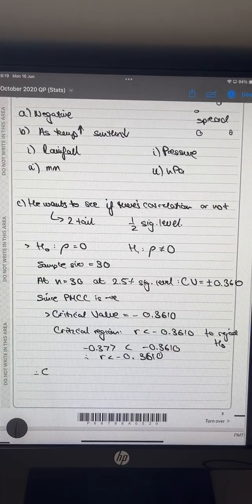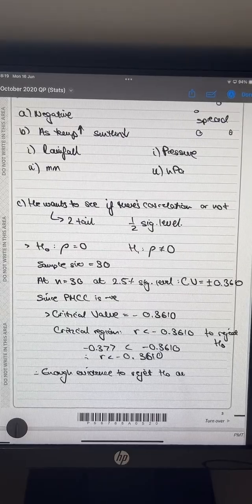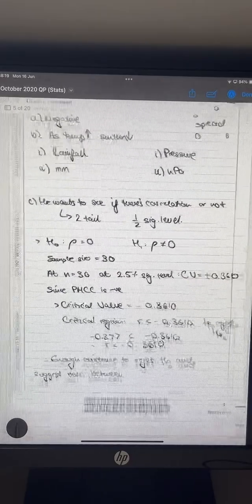So I can say there's enough evidence to reject H0 and suggest a correlation between, and then you need to write out the full names of the variables.